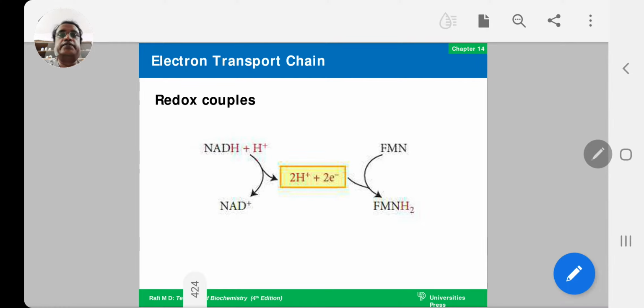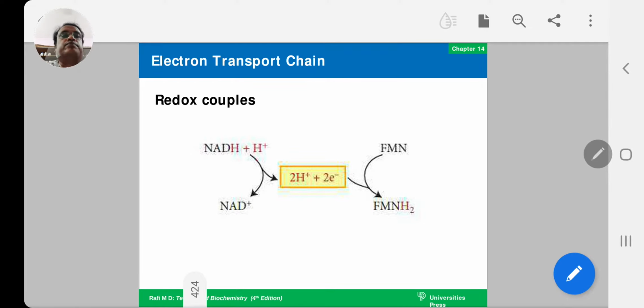Electron transport chain, also called respiratory chain. The entire sequence of events involving oxidation of foodstuffs and finally adding energy is known as biological oxidation.